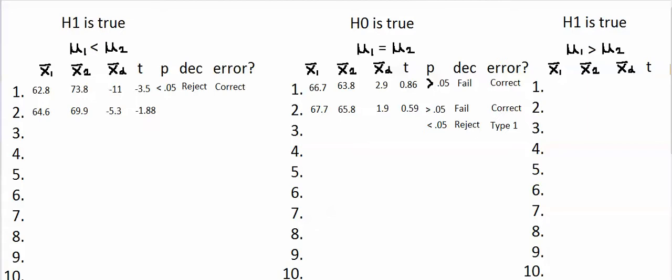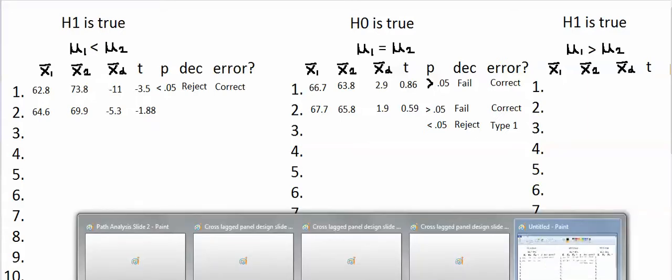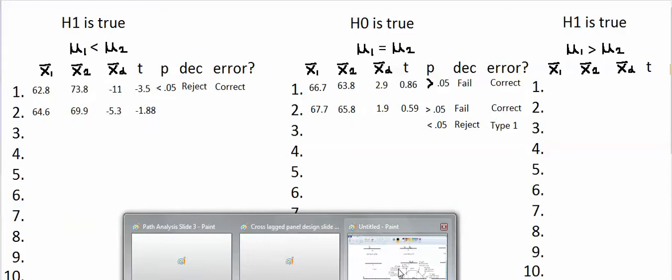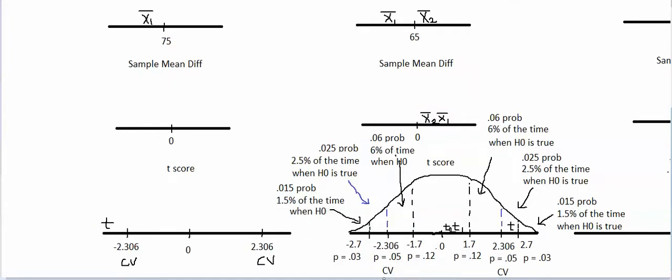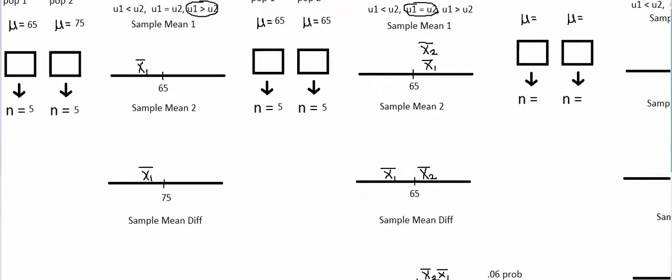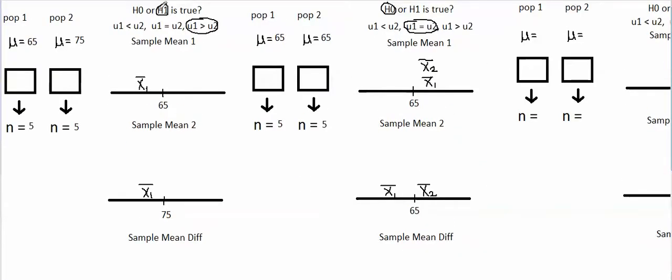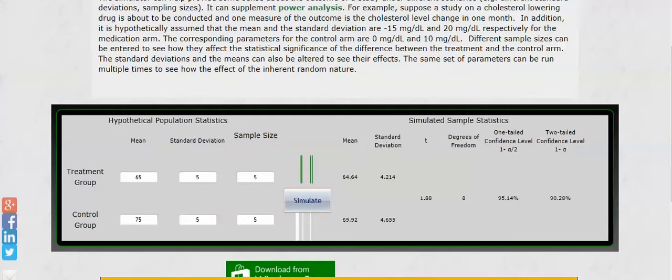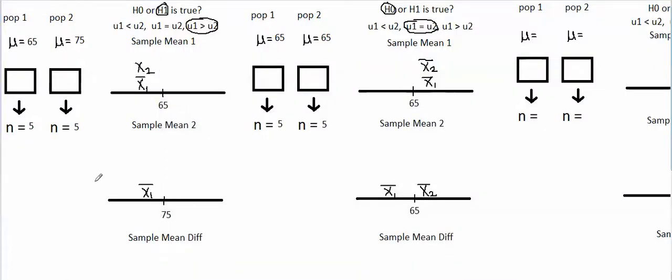So here, we need to plot our outcomes. So 62.8 is about at the same place. 69.9 is actually way out here.